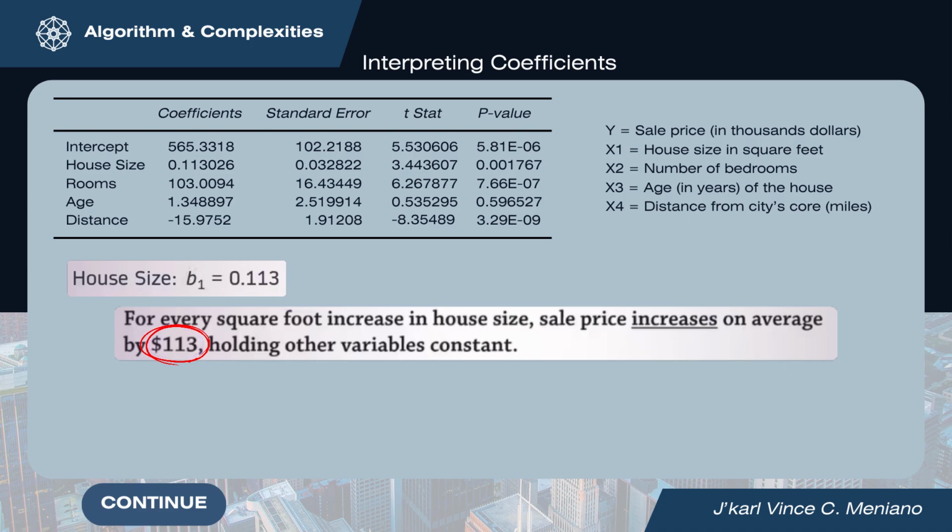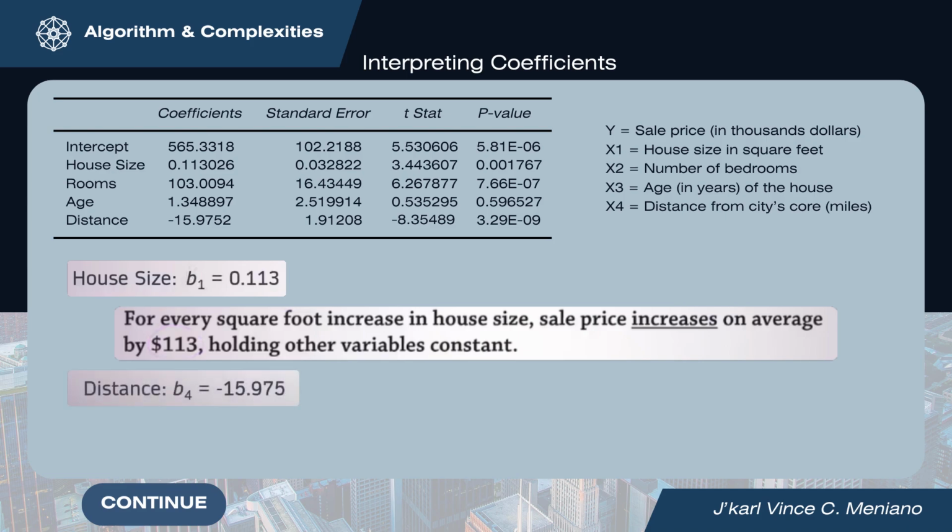That is because sale price is in thousands, so we have to multiply 0.113 by 1000 to obtain $113. In contrast to simple regression, we usually add "holding other variables constant" in multiple regression. This means that this per square foot increase in expected price is for homes with the same number of rooms, same age, and same distance.